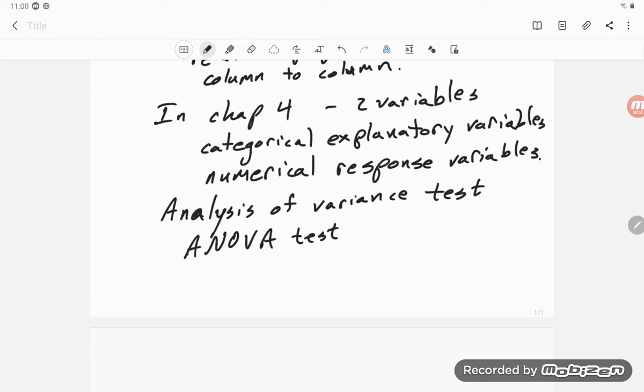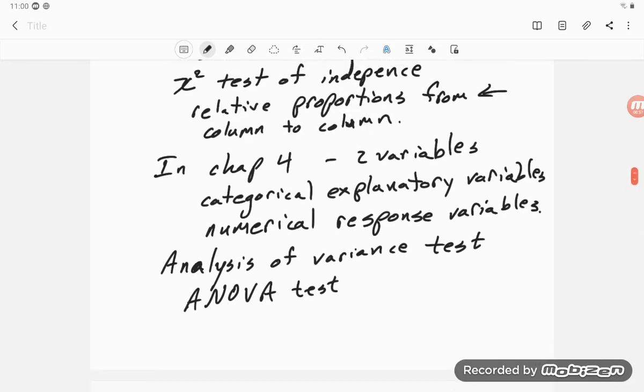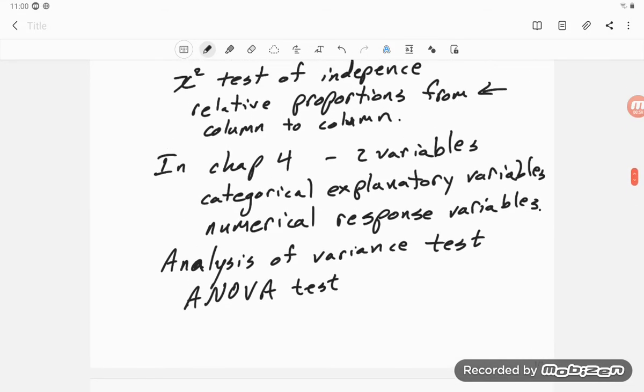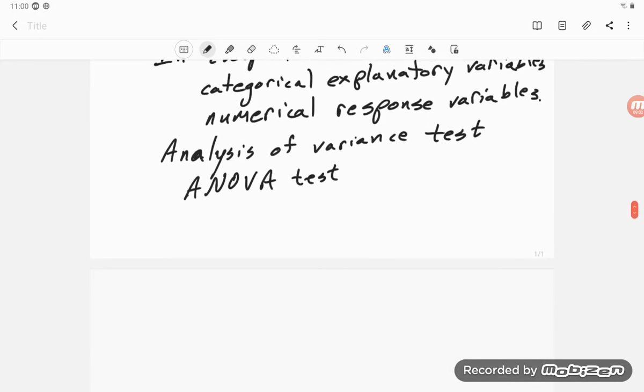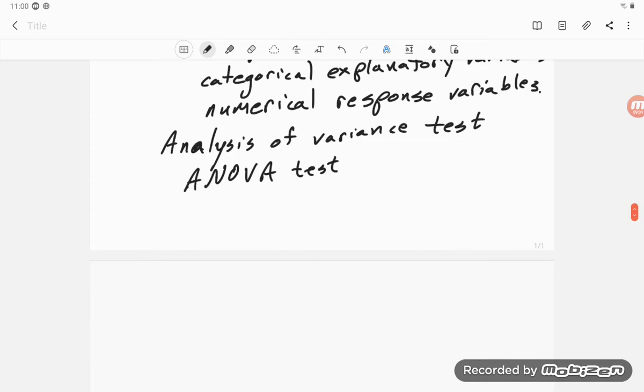and we'll use that whenever we're looking at 2 variables. In its case, this Anova test, instead of looking at the relative proportions from column to column, again, remember, a proportion is really just a mean, this is going to compare means from column to column.